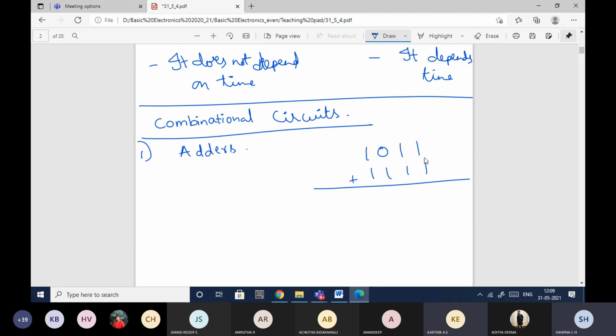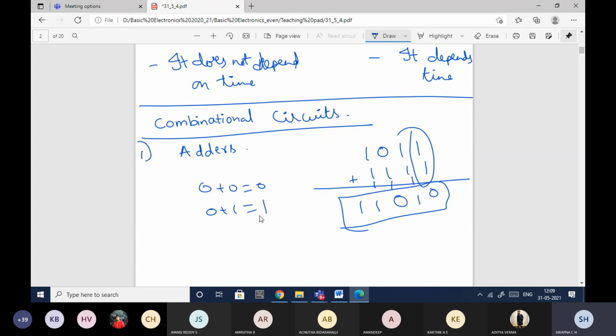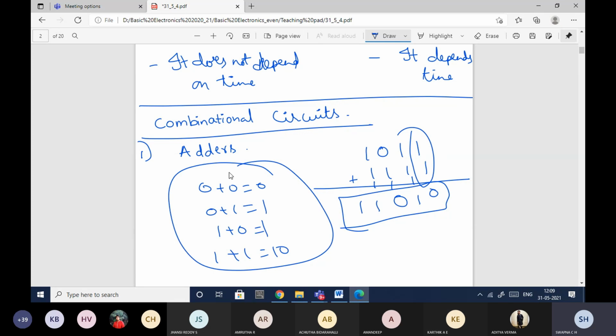Okay, so this is how we add two binary numbers. Here, 1 plus 1, when I'm adding, I'm getting 1 0; 0 plus 0 I'll get 0, 0 plus 1 I'll get 1, 1 plus 0 I'll get 1, 1 plus 1 I'll get 1 0.